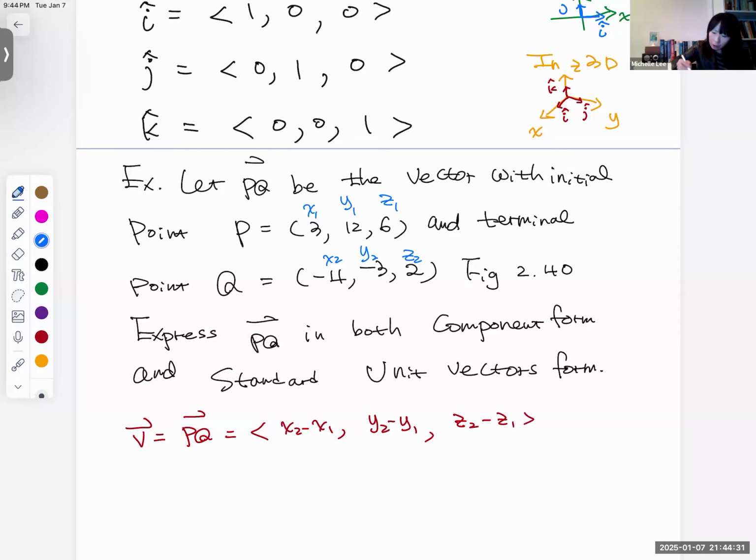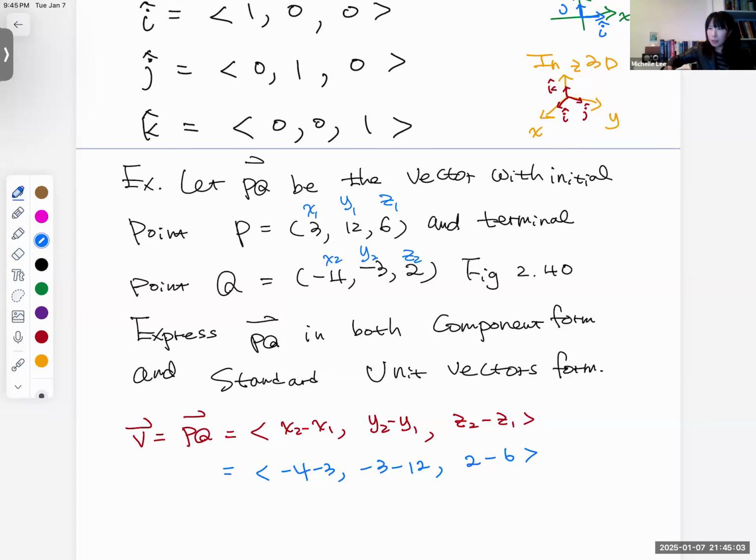I denote x sub 1, y sub 1, z sub 1 and x sub 2, y sub 2, z sub 2, because this is the initial point and this is the terminal point, so we need to follow that. So x sub 2 minus x sub 1 is -4 minus 3, y sub 2 minus y sub 1 is -3 minus 12, and z sub 2 minus z sub 1 is 2 minus 6.